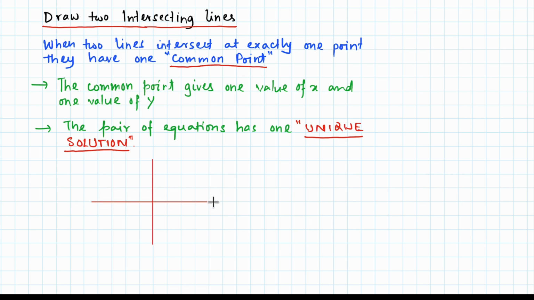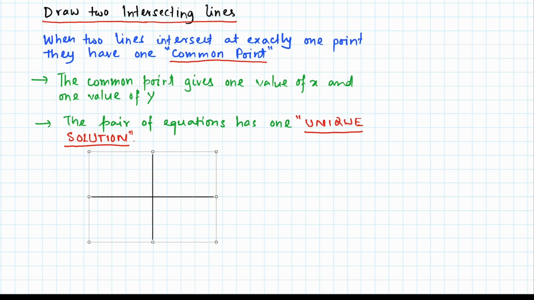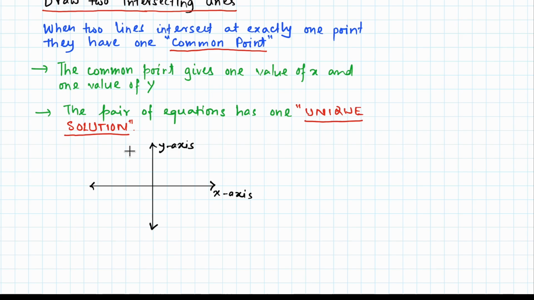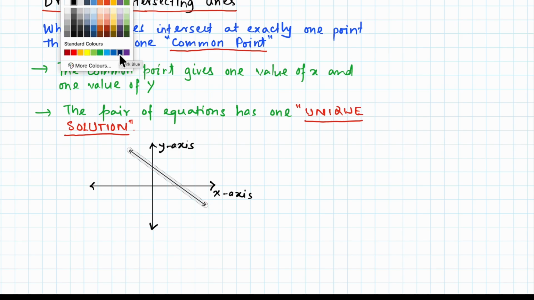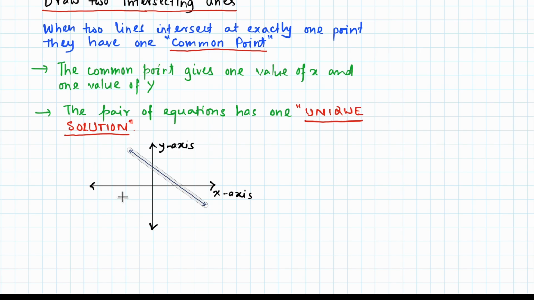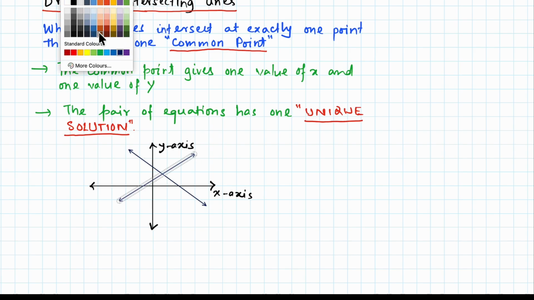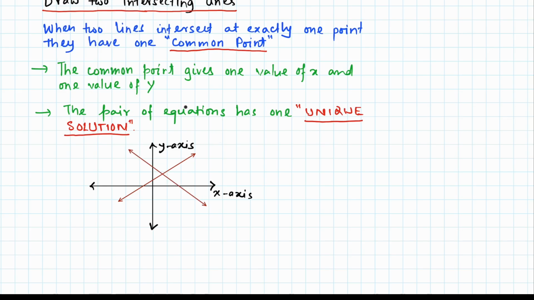Let's see by taking a graph how it will look. We have a two-dimensional Cartesian coordinate system, with the x-axis and y-axis given, and we are representing two lines that intersect each other at a certain point, say P. Here we are again representing the general equations for the two given lines, and we find a common point where they meet.